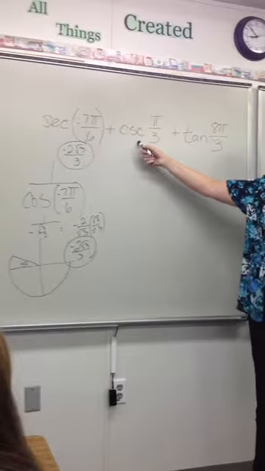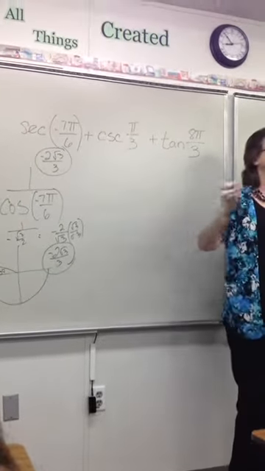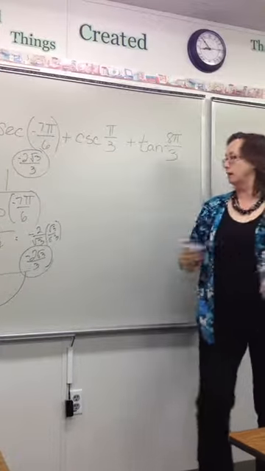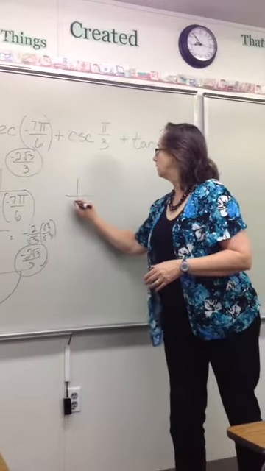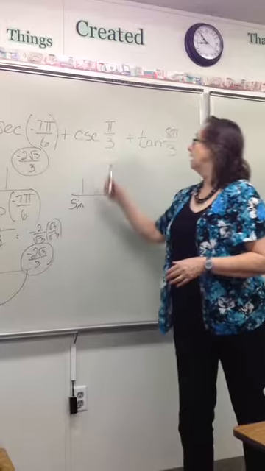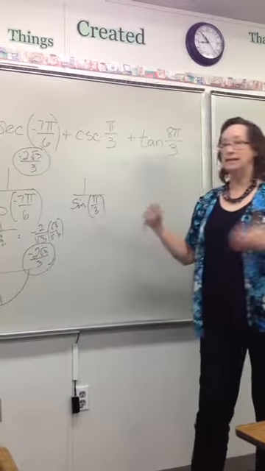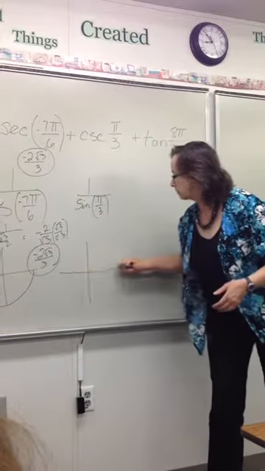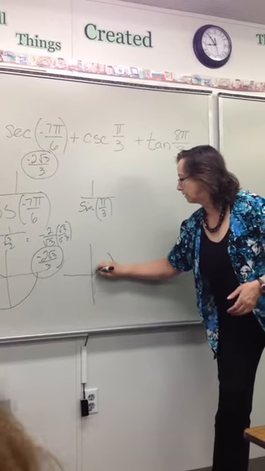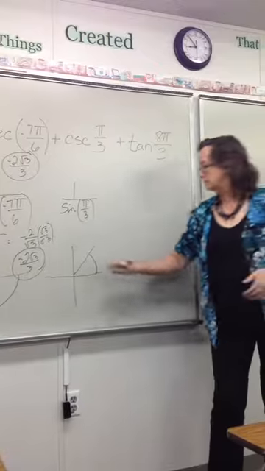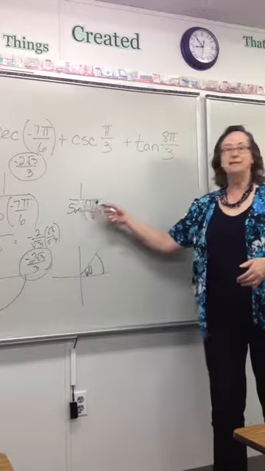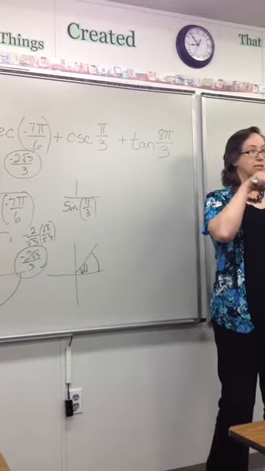Okay, so now we've got a cosecant. A cosecant is a 1 over a sine. So we're going to have 1 over the sine of pi over 3. Okay, and the pi over 3 is the 60. If we do it in the unit circle, it's going to be right there, isn't it? So it's a 60 degree reference angle. And the sine of a 60 degree is the tall one, right?